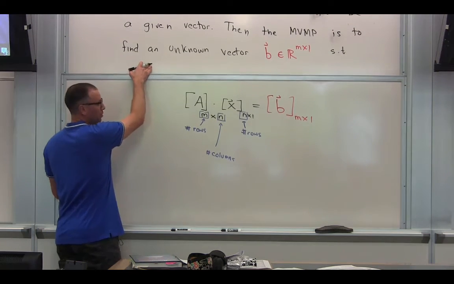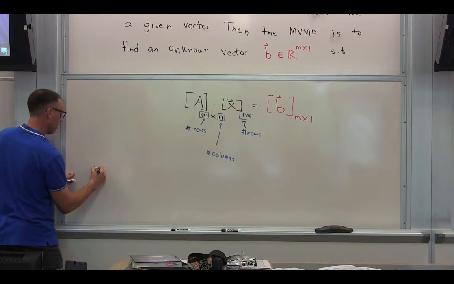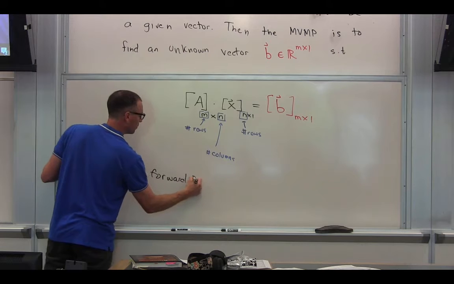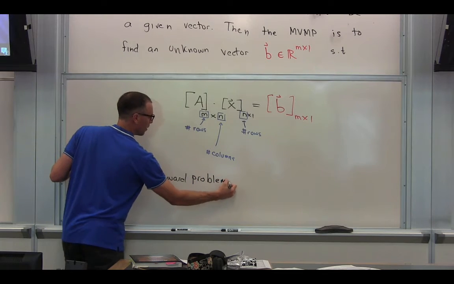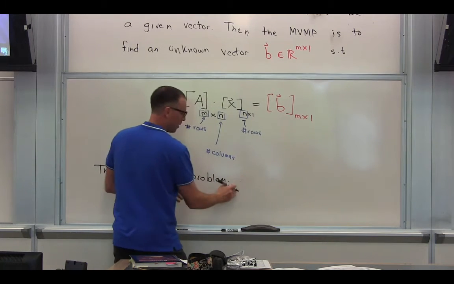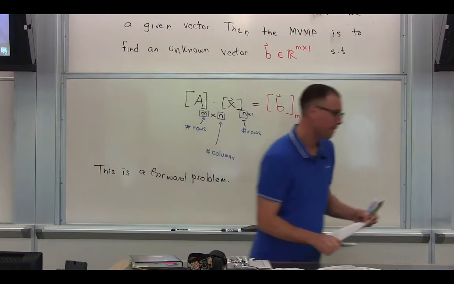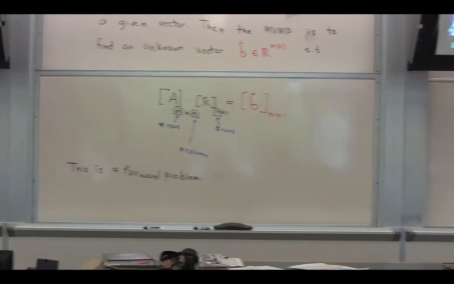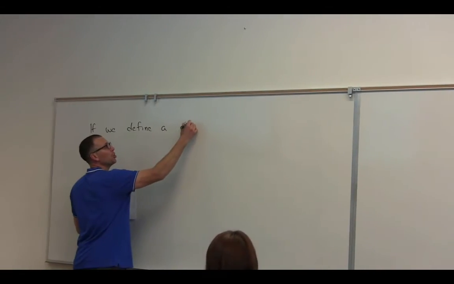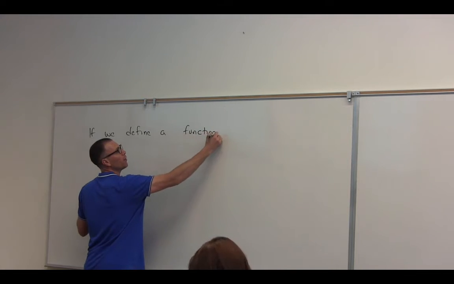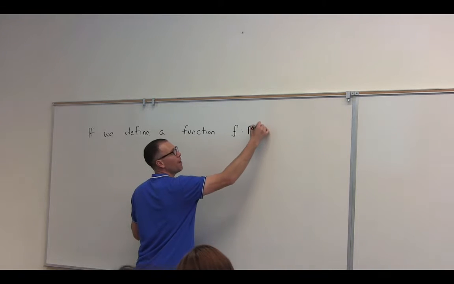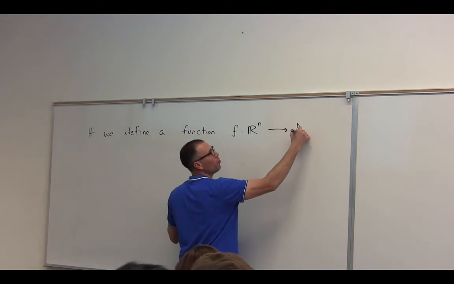The matrix vector multiplication problem, we're going to call this a forward problem. This is a forward problem. If we define a function f, and this function is going to go from the domain Rn into the codomain Rm.